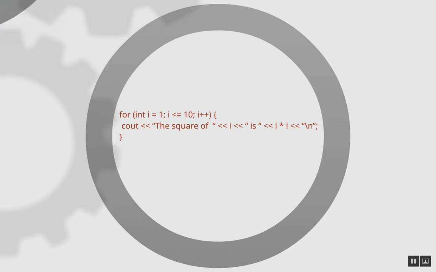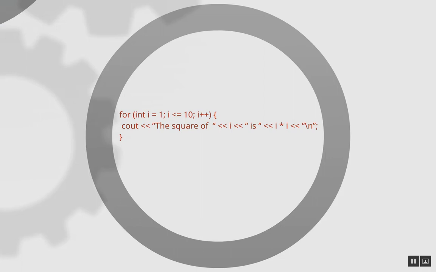The condition is checked: is I, or 1, less than or equal to 10? That is true, so we can run the code inside the curly braces. So the output for the first loop would be the square of 1 is 1. The I++ makes sure that the I is incremented up to 2 the next time we go through the loop.